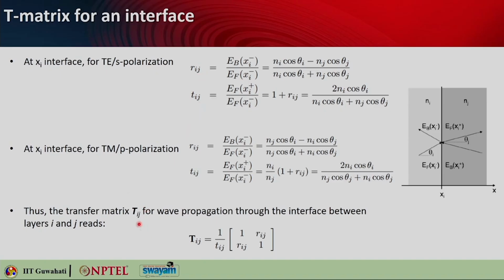So when you write the transfer matrix, capital Tij, for the wave propagation through an interface between layer i and j, this is how it looks. Capital Tij will be 1 over small Tij, this is the transmission coefficient, times the matrix 1, Rij, Rij, 1. Which value to choose depends on which polarization of light you are incident with, and that will allow you to compute this.